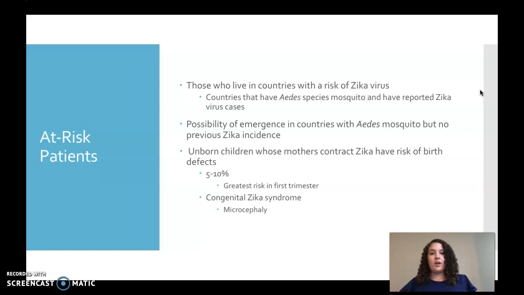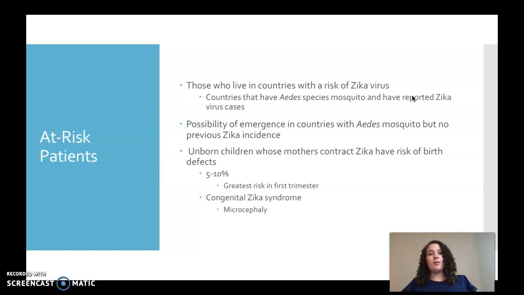What I would say are the patients who are most at risk for Zika virus are unborn children whose mothers contract Zika. They have a risk of birth defects. This has been noted in about 5 to 10% of cases. It was only noticed relatively recently with the recent outbreaks. There's the greatest risk of birth defects in the first trimester.